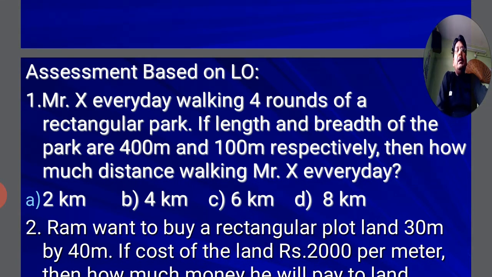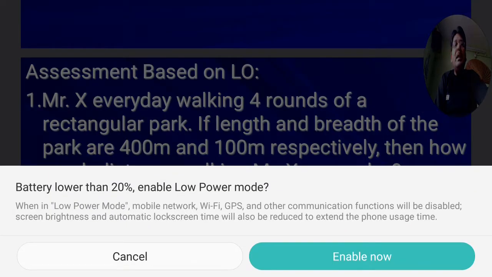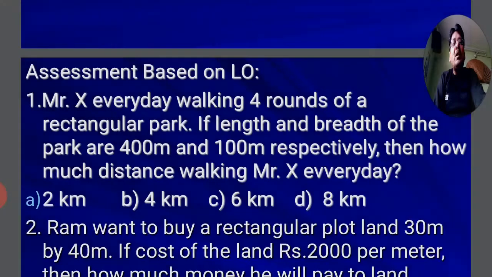Number 1: Mr. X walks 4 rounds of a rectangular park every day. If the length and breadth of the park are 400 meters and 100 meters respectively, how much distance does Mr. X walk every day? I have written X, not any boy's or girl's name here.